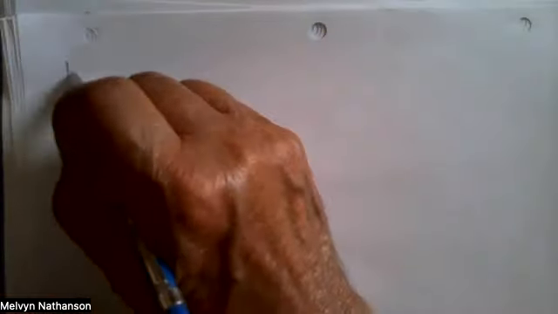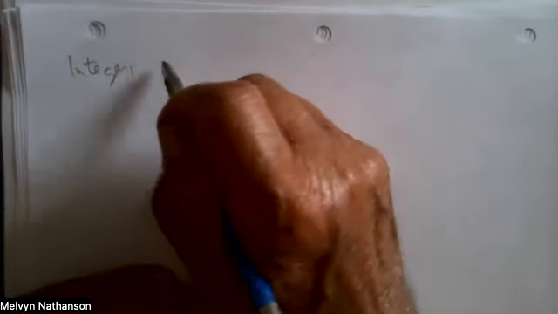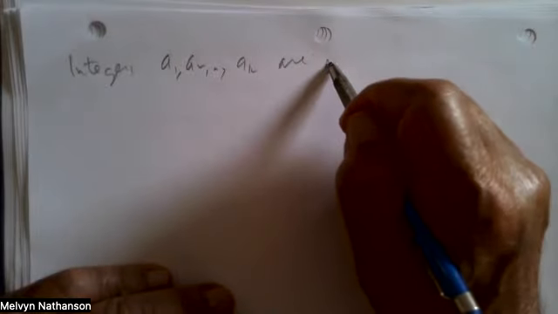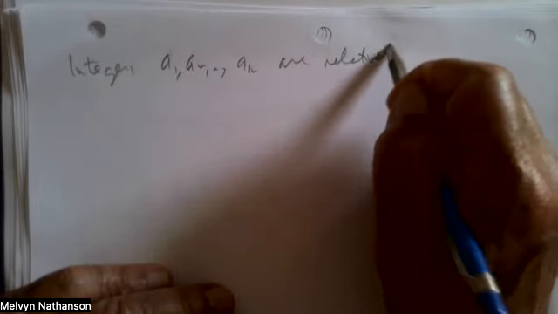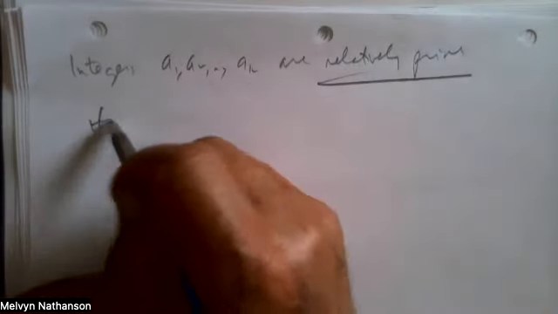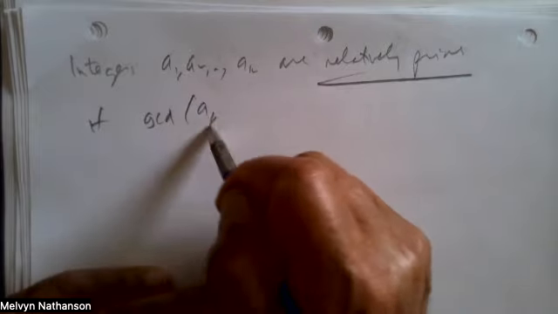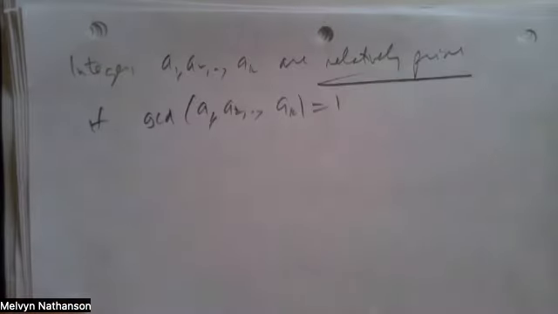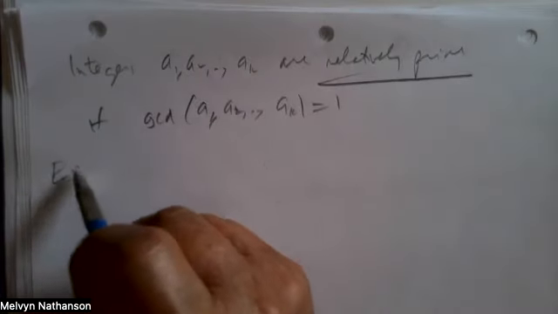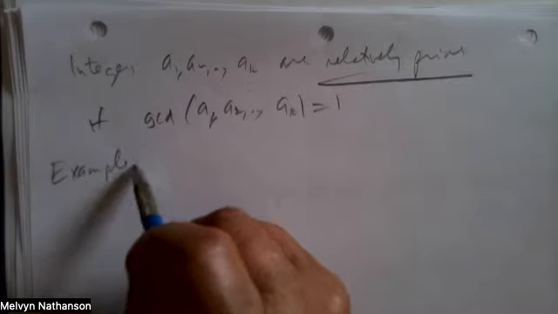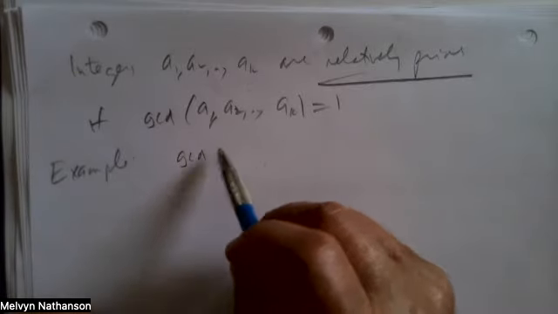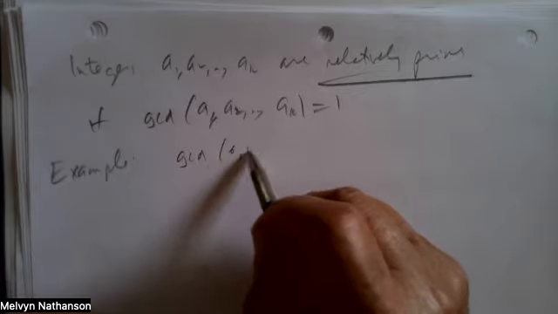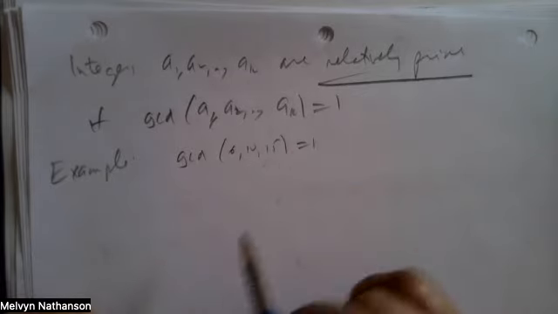We say that integers a1, a2 up to ak are relatively prime if their greatest common divisor is equal to 1. So we saw a few minutes ago that the greatest common divisor of the numbers 6, 10, and 15 is 1.